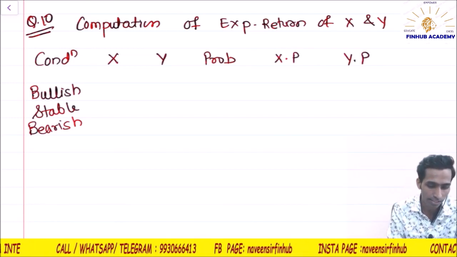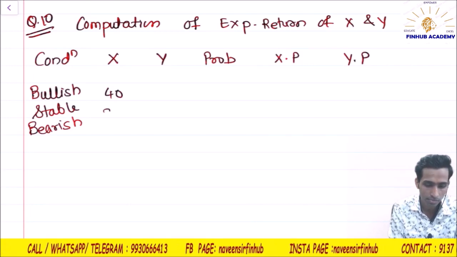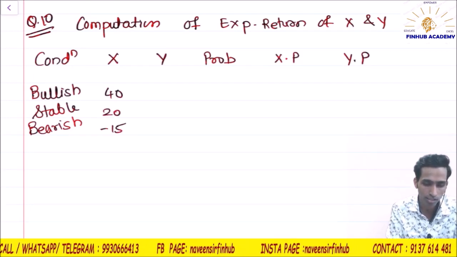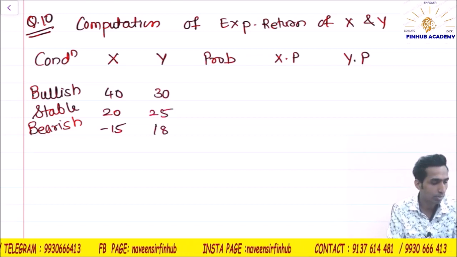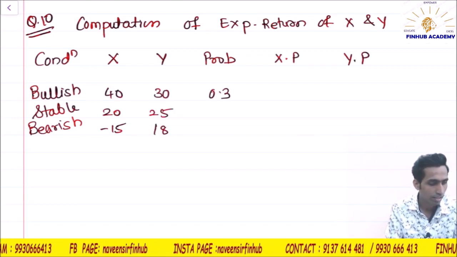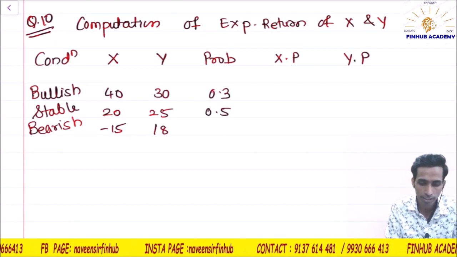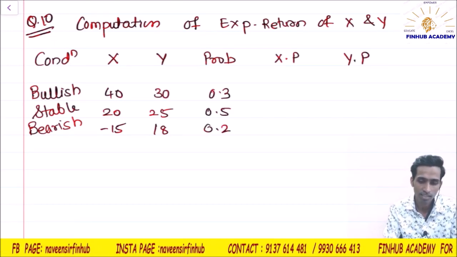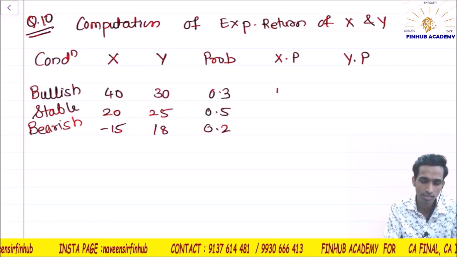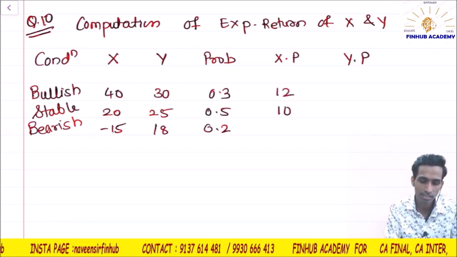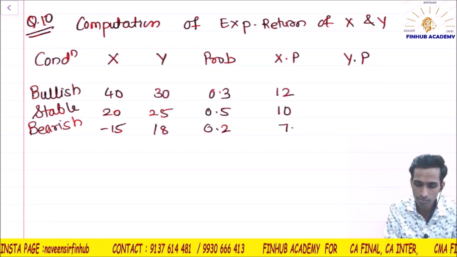X is 40, 20, minus 15. I'm copying from the book. Y is 30, 25, 18. Probability is 0.3, 0.5, 0.2. X into p: 40 into 0.3 is 12. 20 into 0.5 is 10. Minus 15 into 0.2 is minus 3.